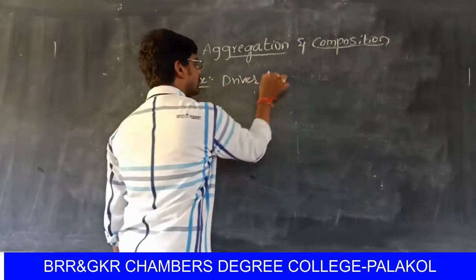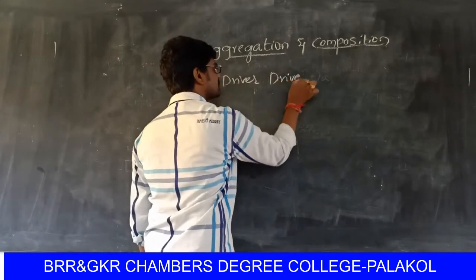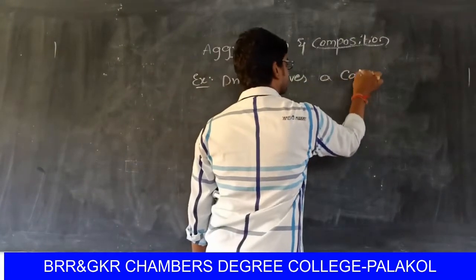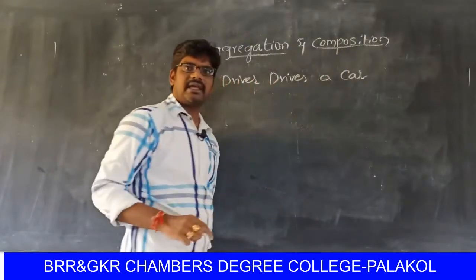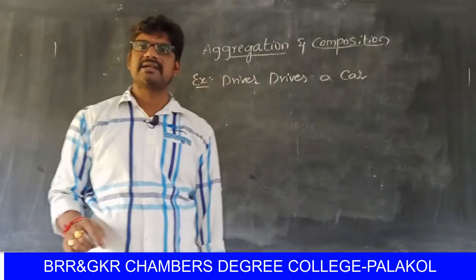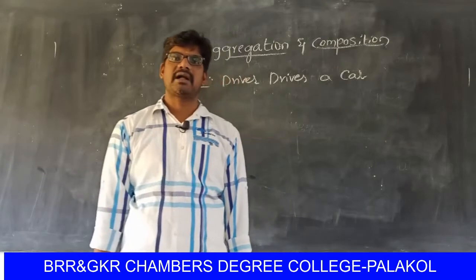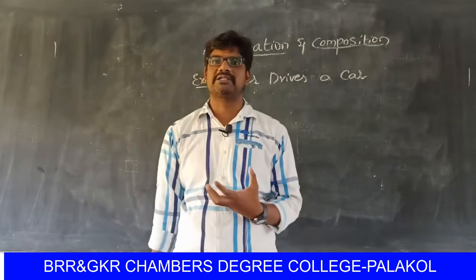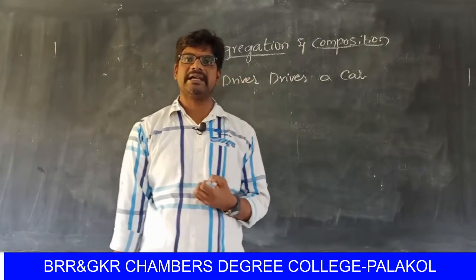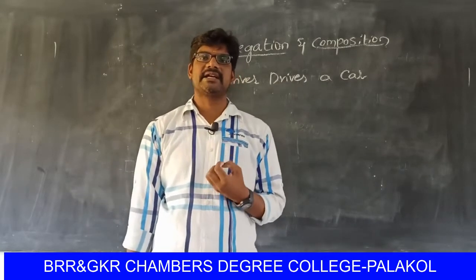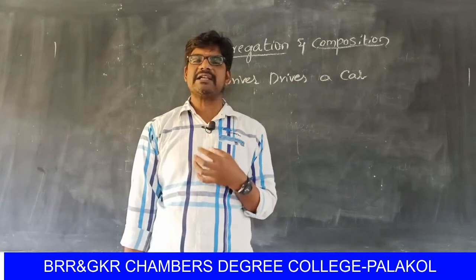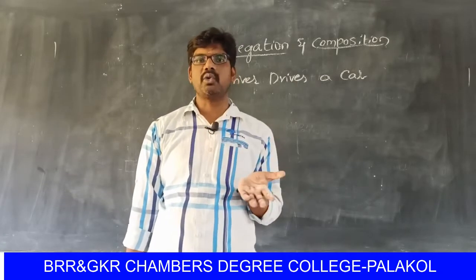Driver drives a car. Here, the car has a number of parts. The car can have various components like tires, doors, engine, seats, etc., which vary from one car to another.